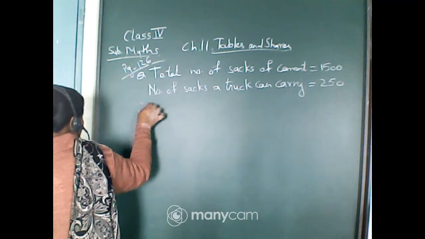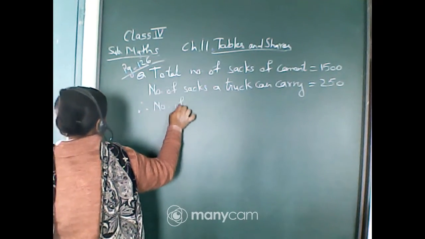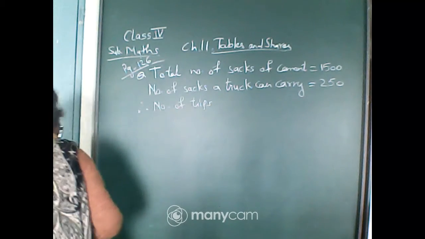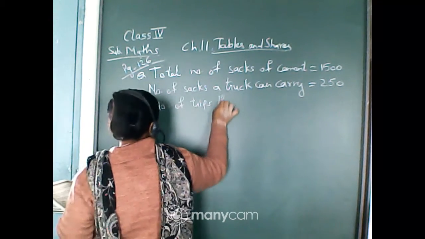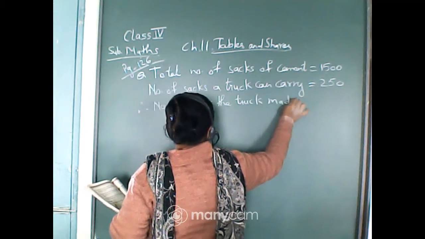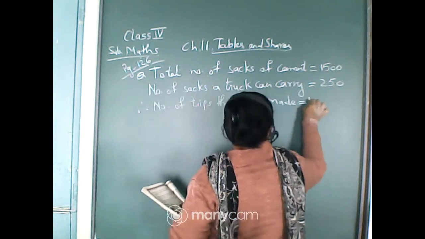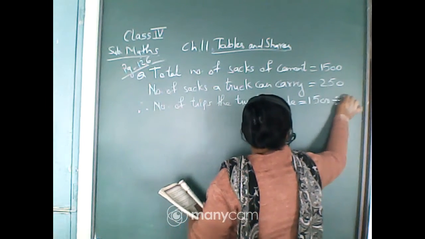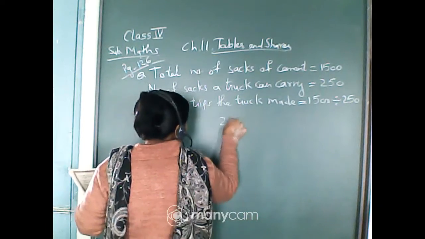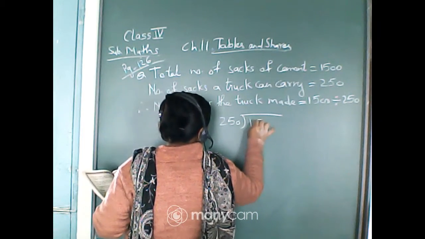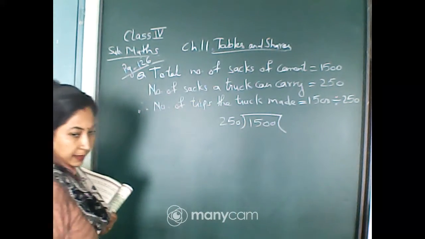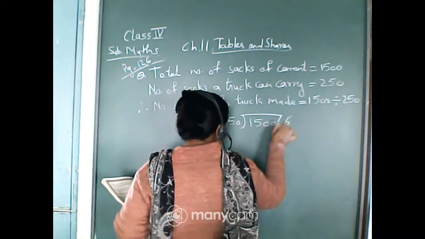Therefore, number of trips the truck makes is equal to 1500 divided by 250. So 250 outside and 1500 inside. Divide it. It will be 6.